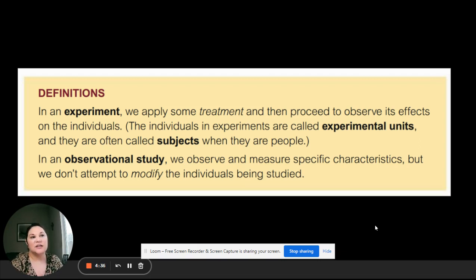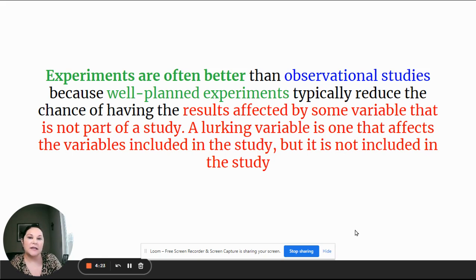The main distinction is that in an experiment, there is something that is applied to the subjects, whereas in an observational study, you are exactly that, observing. So in the scientific community, experiments are believed to be a better choice for collecting data because they reduce the effect of some variable that is in whatever group you're observing.